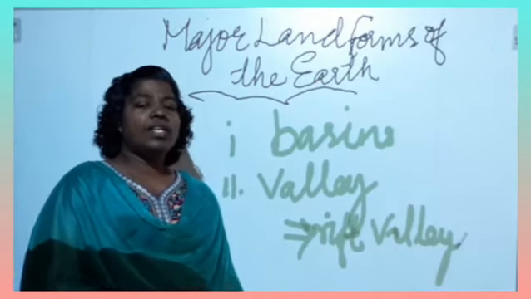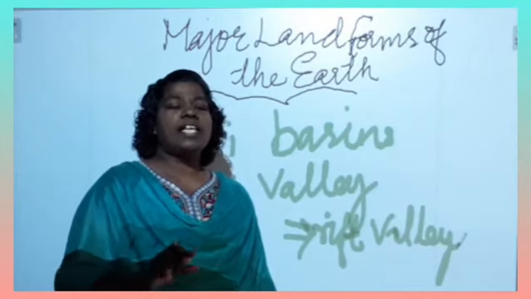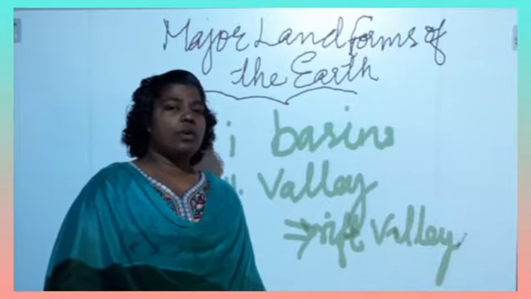Now what is a plain? A plain is a flat, vast expanse of area which is higher than the sea level. When we say higher, it is minimum 200 meters height from the sea level.